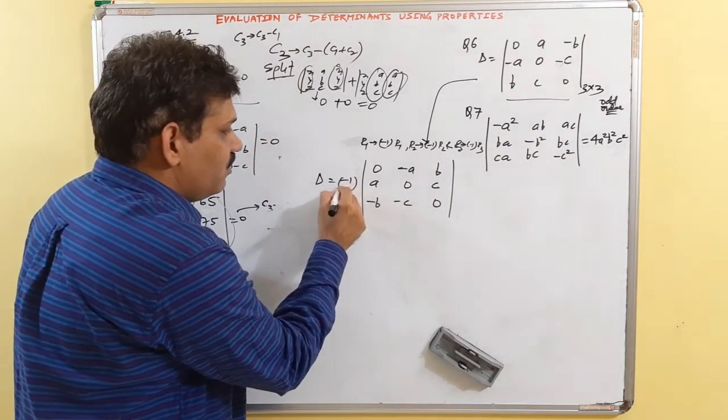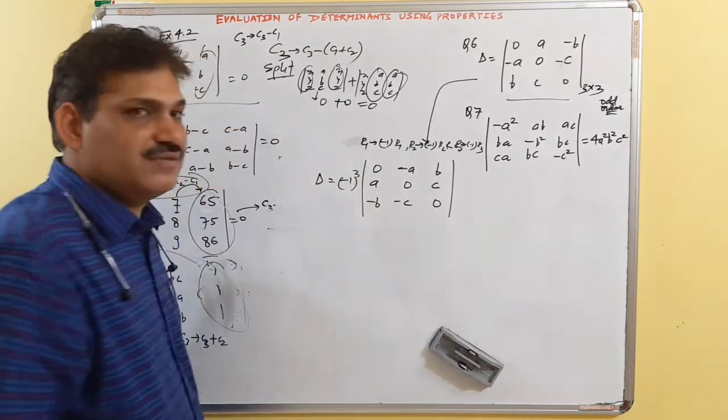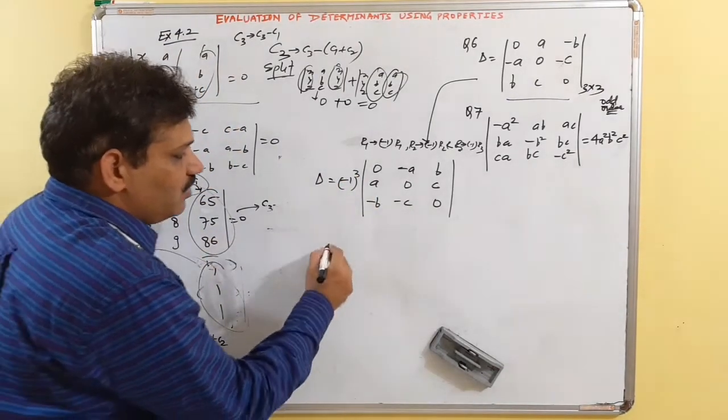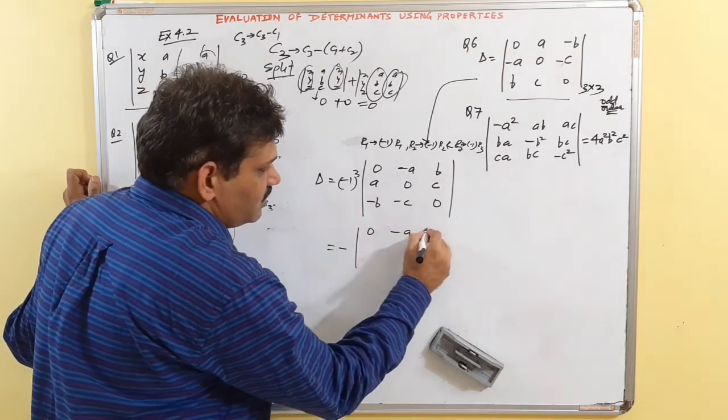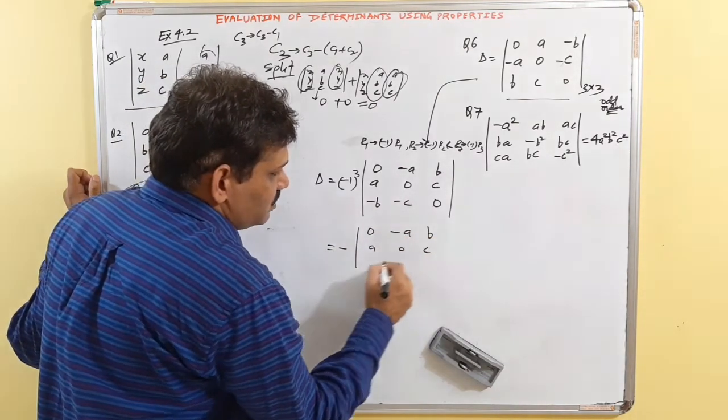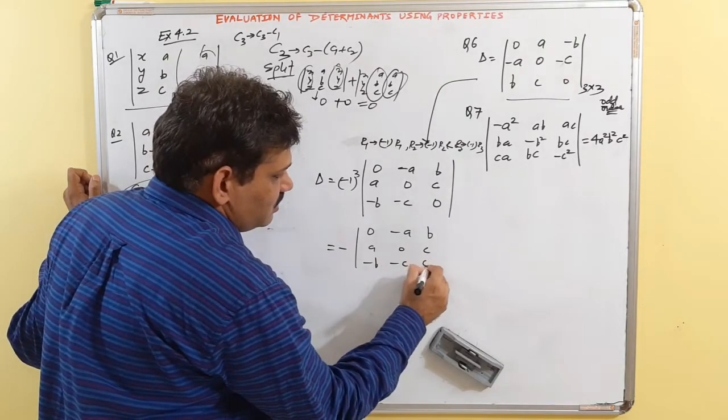Now we have taken minus 1 into minus 1 into minus 1, that is minus 1 cube, which is negative.